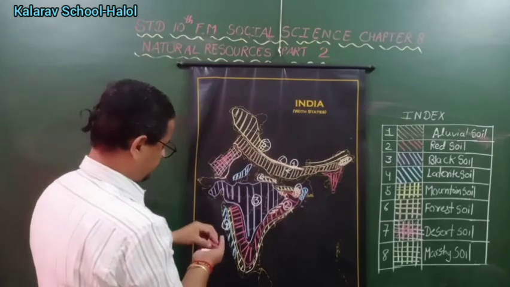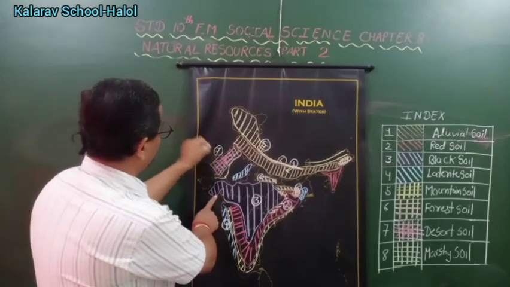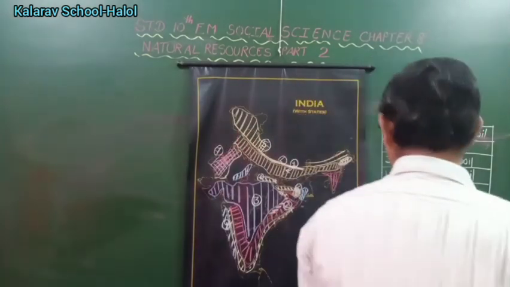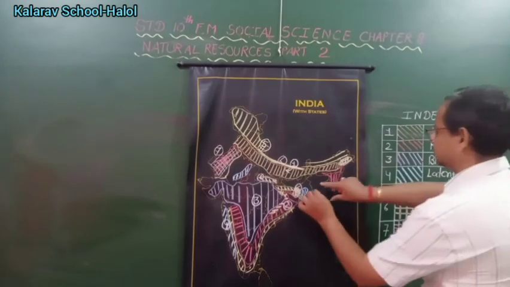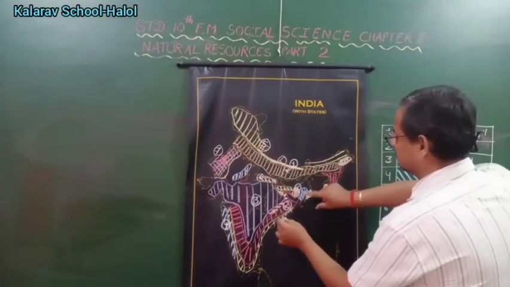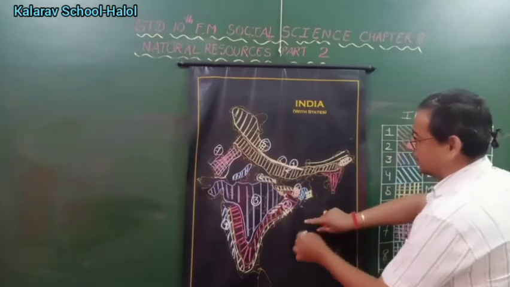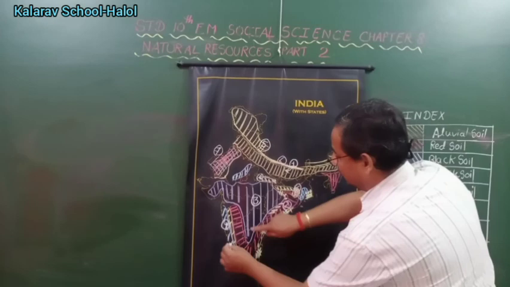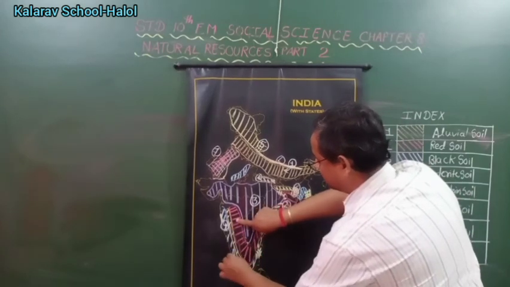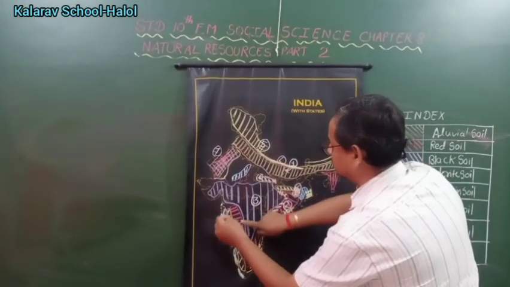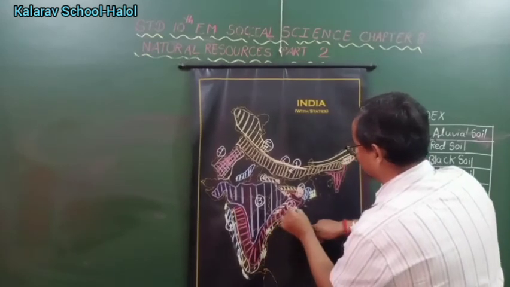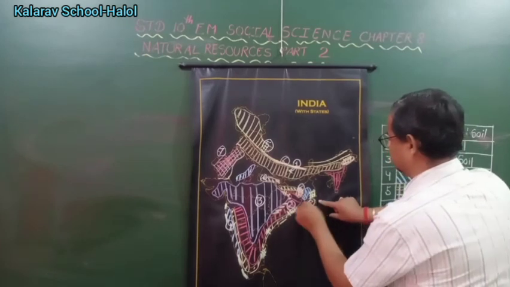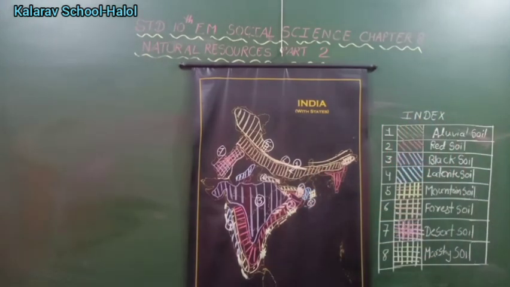And last, marshy soil, especially in the delta regions of the Godavari and Ganga, and certain parts of the coastal region, you will get this type of soil. Number 8. So by this you can observe.